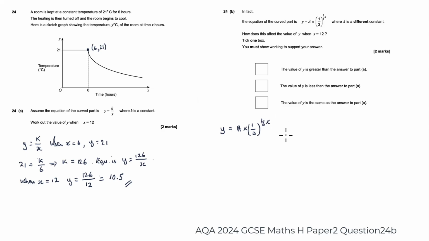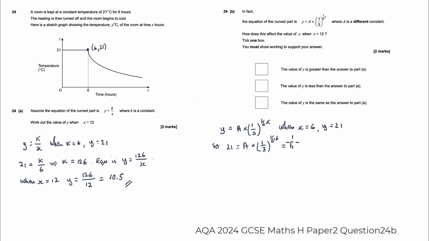And again, we'll do what we did before. When x equals 6, we know that y is 21. So let's plug these values in. 21, therefore, will be a times 1/3 to the power of 1/6 of x. That's 1/6 times 6.